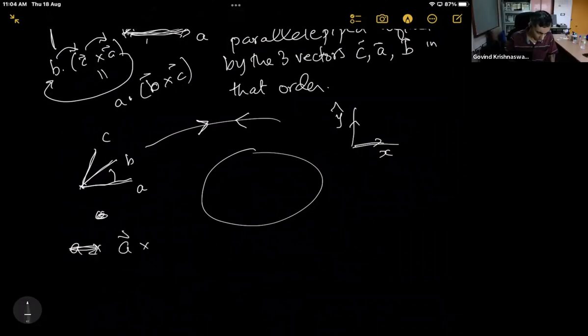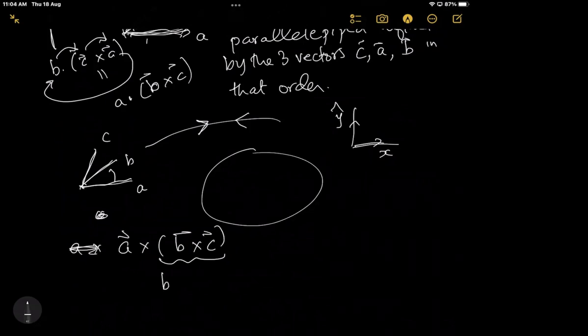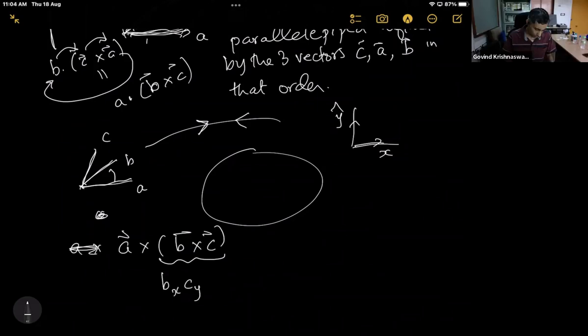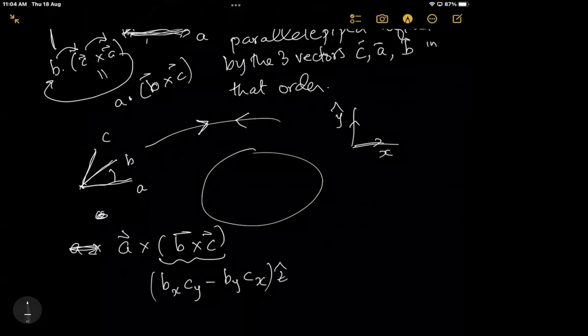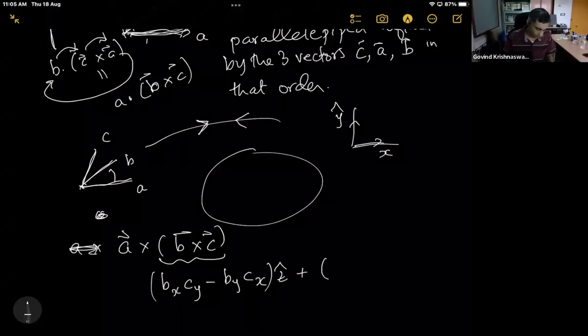If I understand, Kaustubh, you are saying that from the previous result, you will simply write down B cross C as BX CY minus BY CX. Yes, sir, I just wrote that down. Yeah, you are welcome to do that. You don't need to rederive this.